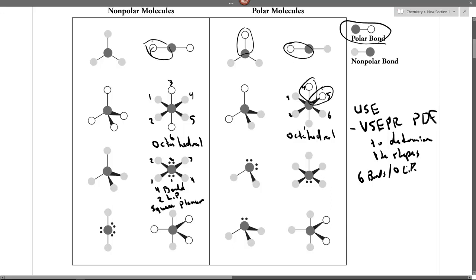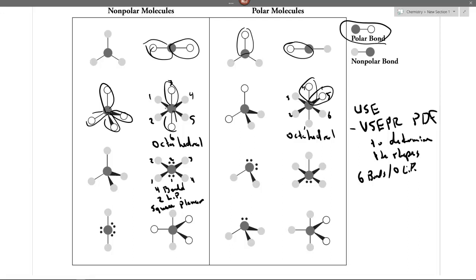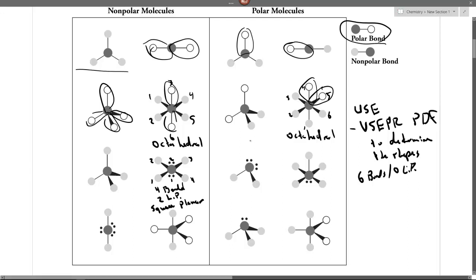This one has 2 polar bonds. This one has 2 polar bonds. This one has 4 polar bonds. All right, so here's all these polar bonds. It looks like both nonpolar and polar molecules have polar bonds, but notice that not all of them contain polar bonds. Many of them do, but some of them don't.